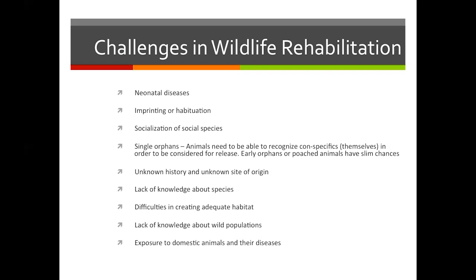And yeah, orphans that have been poached very early on sometimes have very slim chances because they have not had the time to learn their own species. And if they don't know what they are, they're not suitable for release and survival in the wild.